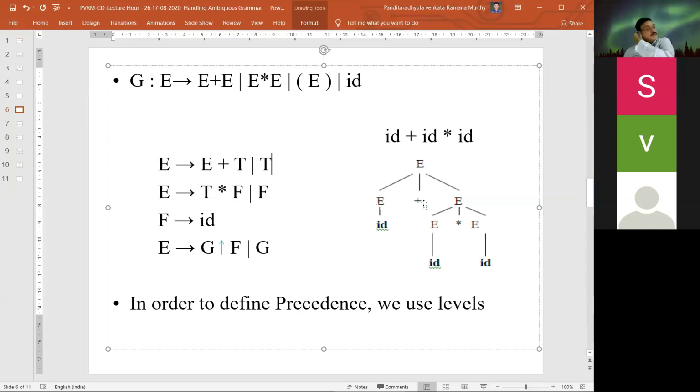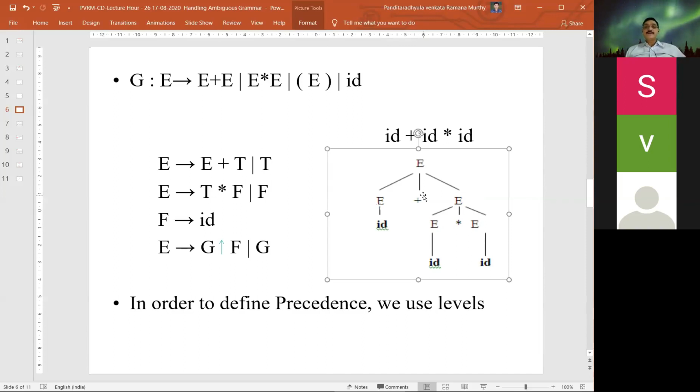Once you reach the plus operation, you can't go back to the multiplication operation. That is what we get from this particular parse tree.